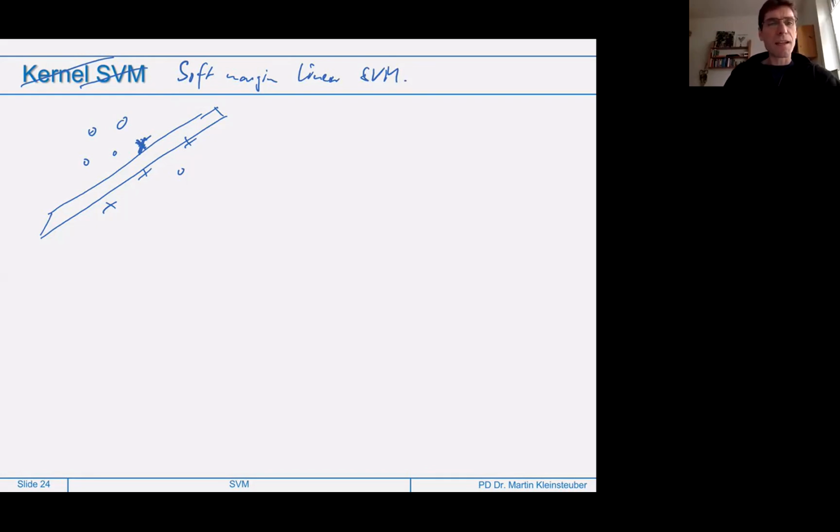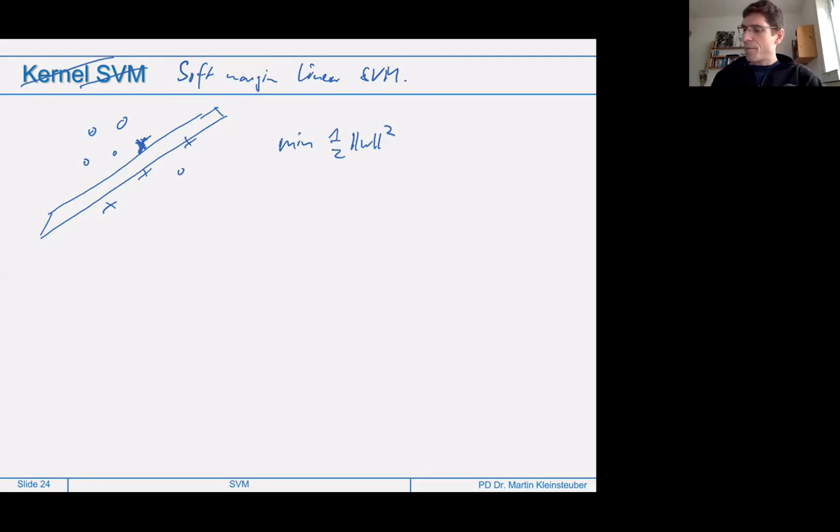Okay, and the misclassification is quantified by a set of additional variables. So we have this minimizing this margin thing, maximizing the margin or minimizing this W, right?